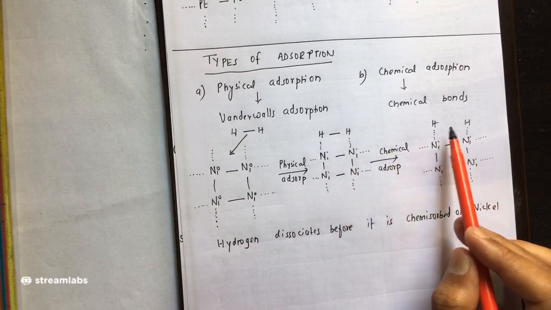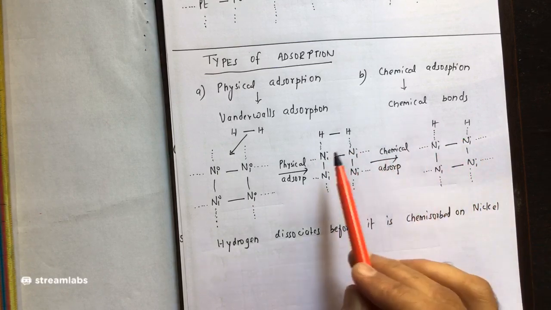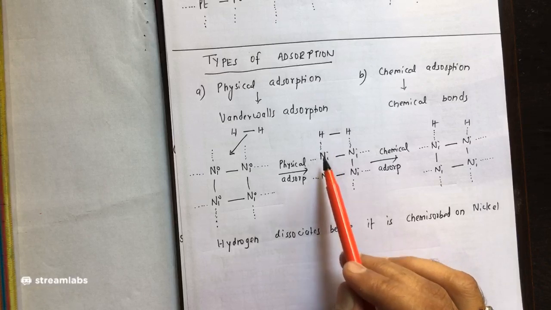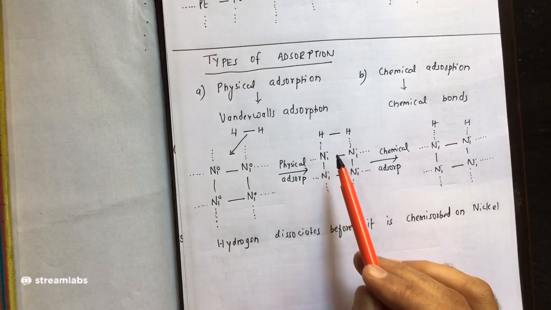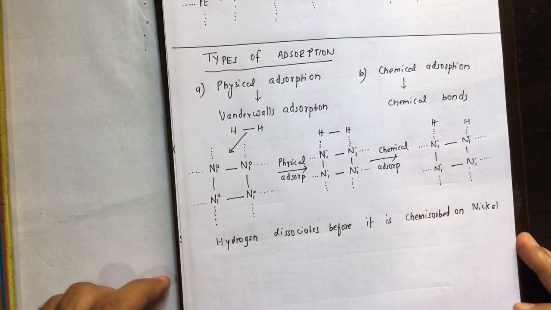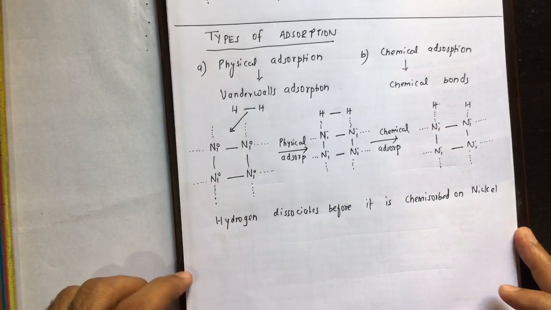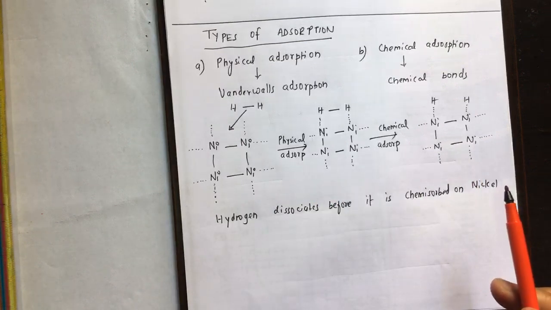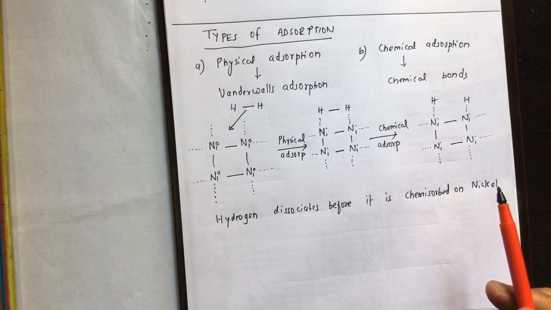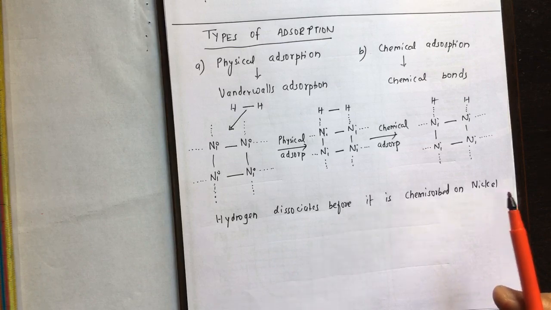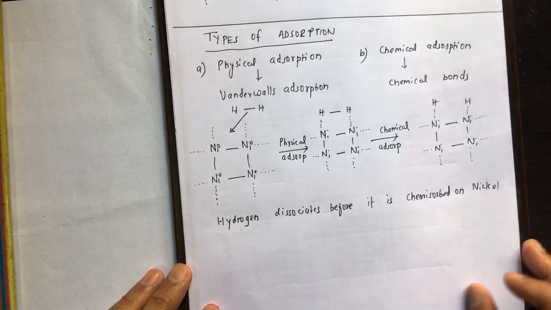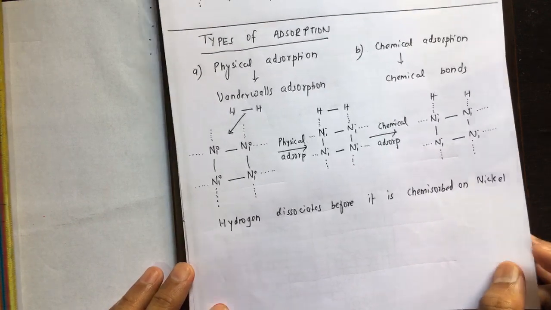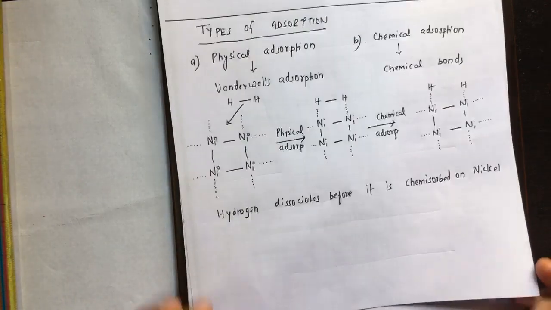So these bonds are breaking, and this bond will become what? The van der Waals. These bonds will be nothing but the chemical bonding, which I am trying to tell you. Chemical adsorption. So physical adsorption can pass into chemical adsorption, my dear students. But chemical adsorption never passes into physical adsorption. It has been observed. Okay, this is van der Waals, and that is chemical forces.